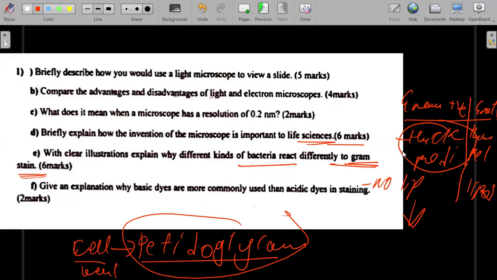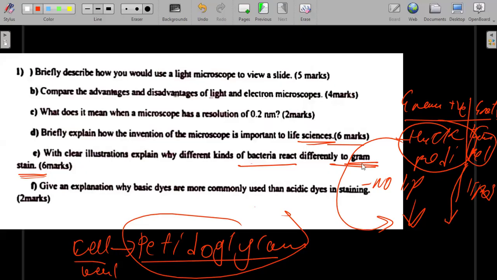So it will retain the crystal violet color. Now the gram negative has a thin peptidoglycan. Because of this thin peptidoglycan, this gram negative bacteria won't be able to retain the crystal violet color.